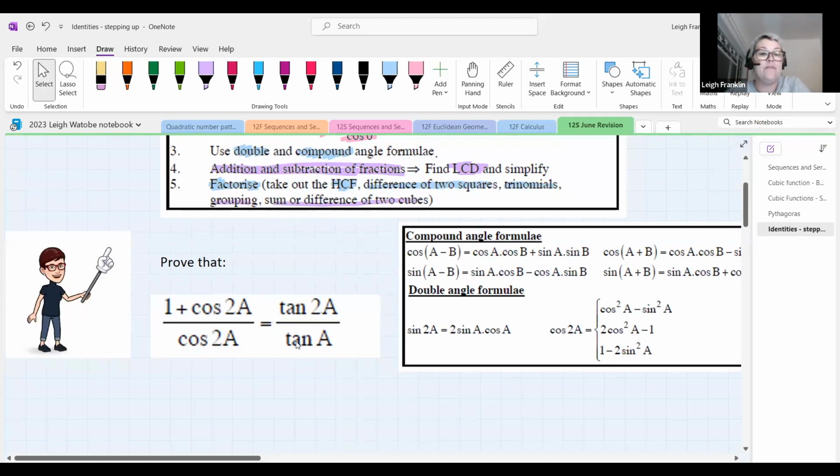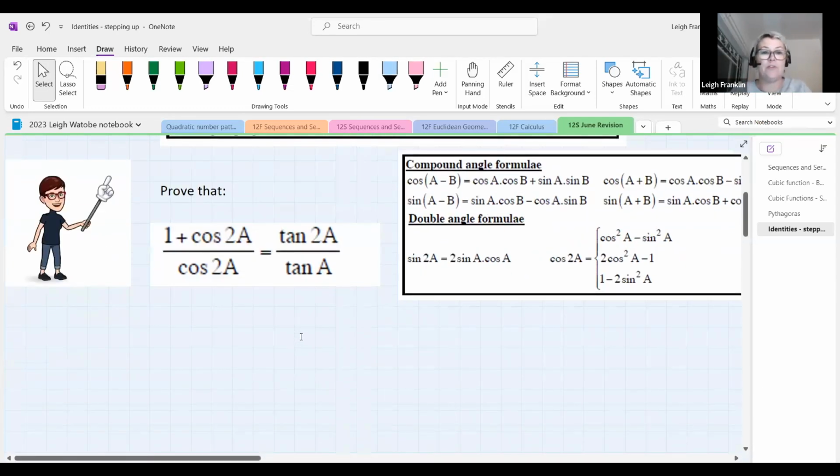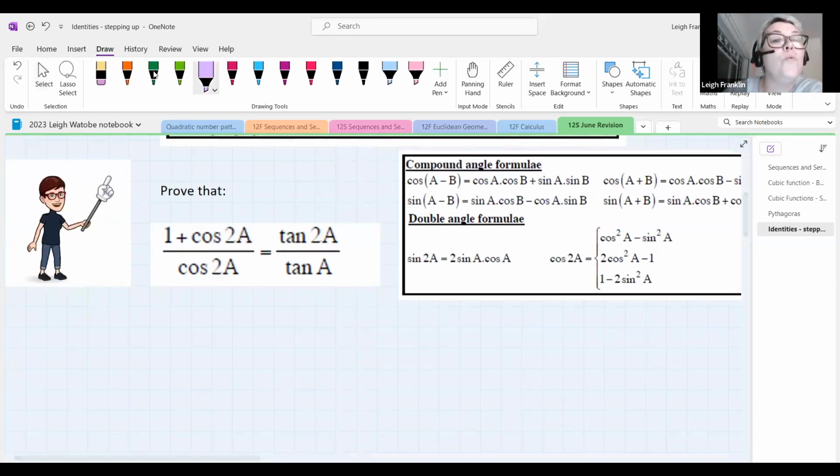Let's have a look at the very first example. Okay, so in this example, on the left-hand side, we have 1 plus cos 2a over cos 2a.